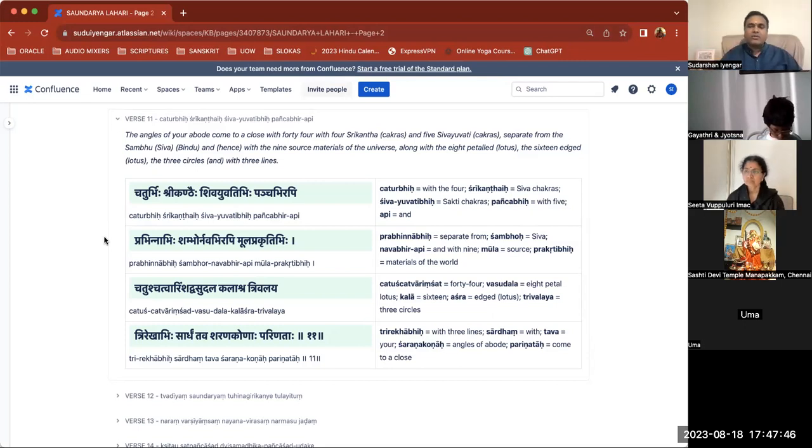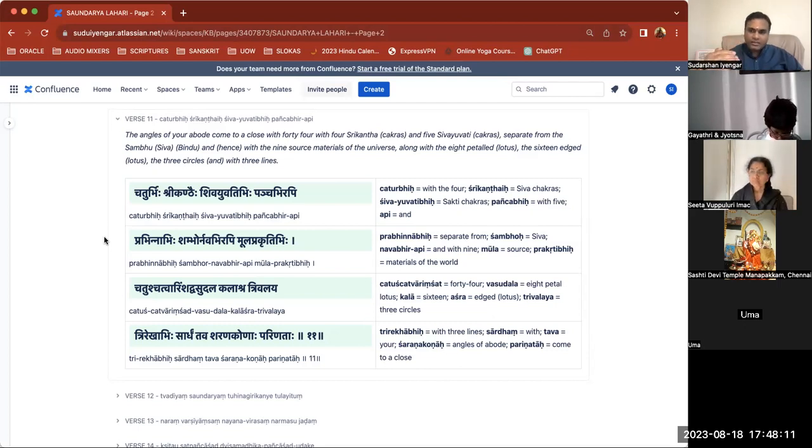If you look at the whole Sri Chakra, the 4 Shiva triangles combine with the 5 Shakti triangles. In total, there are 9 avarnas and it forms 44 triangles. If you count the small triangles, it will turn up to be 44. And in the center, you have the Bindu.